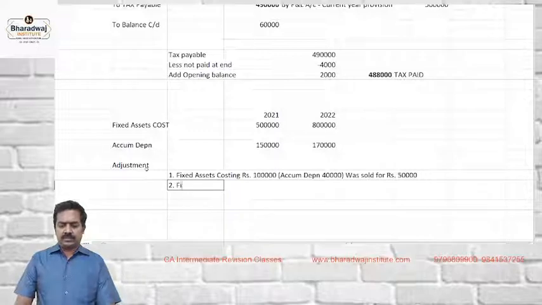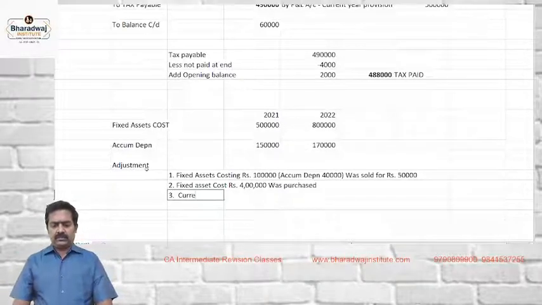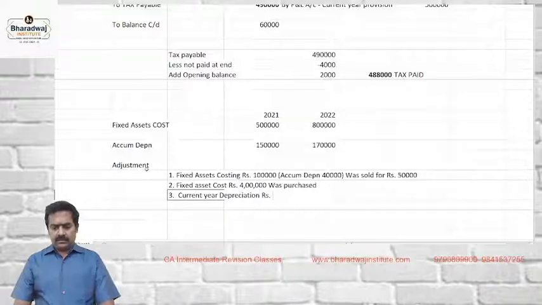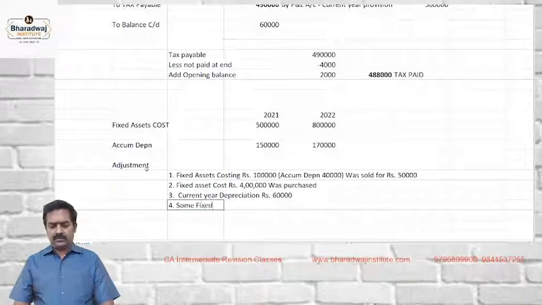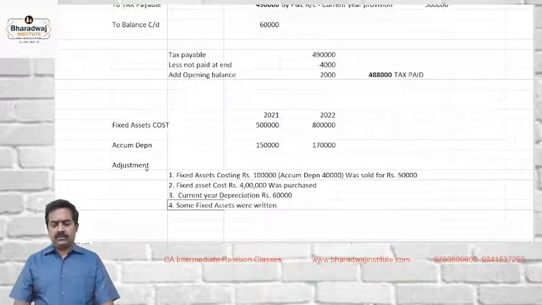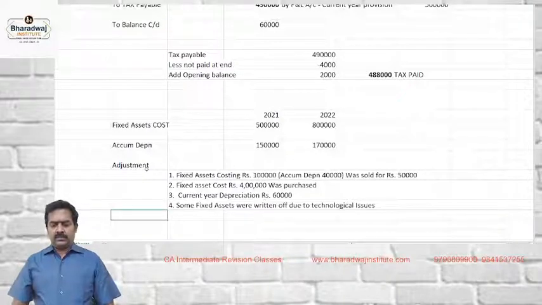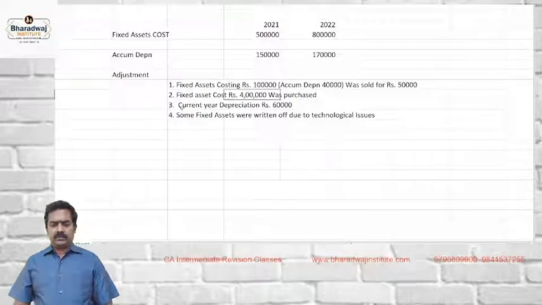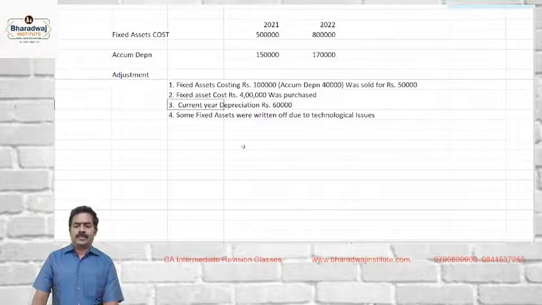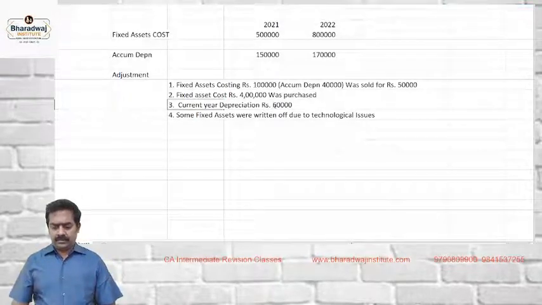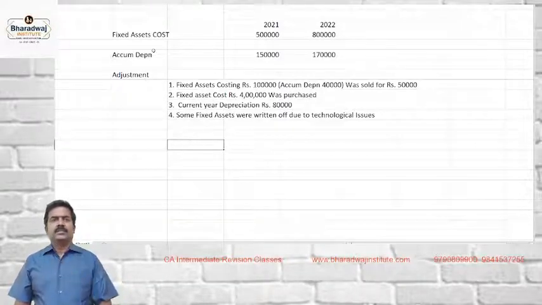Number 2, fixed assets costing rupees... Take up this.